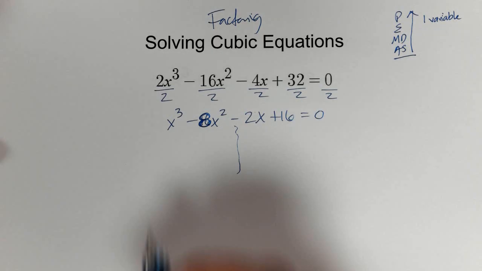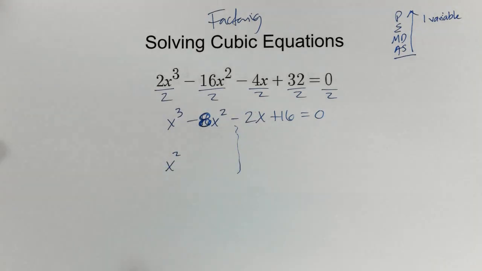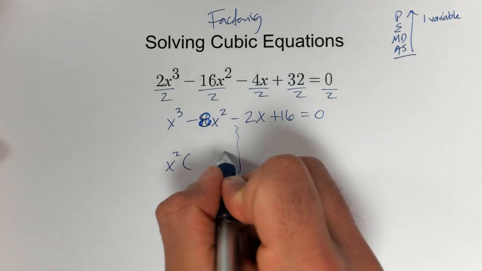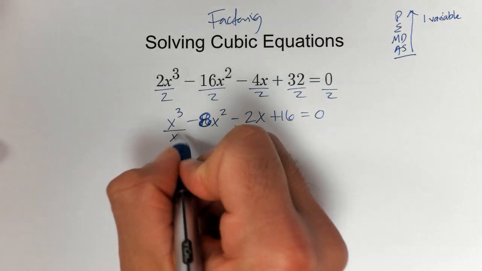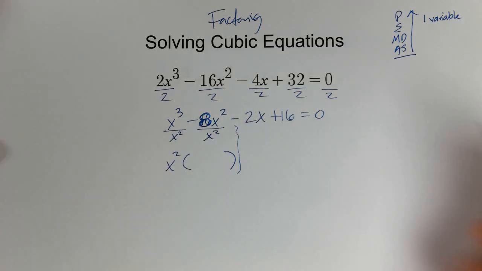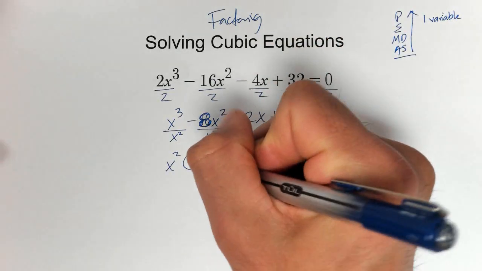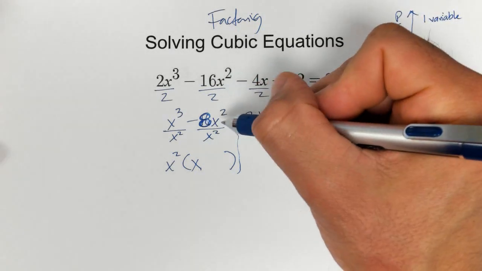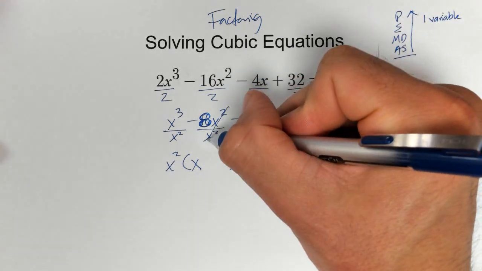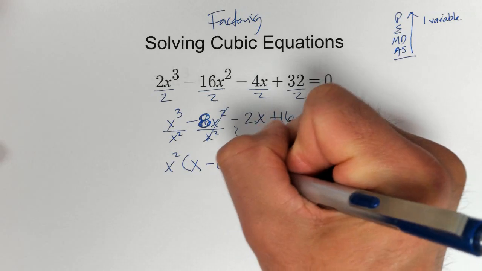And actually, they both have an x squared in common. That is the greatest common factor. That is the highest term that they both share together. And what I want to do is I want to divide both by x squared. When I do that, x cubed divided by x squared leaves me with just x. And negative 8x squared divided by x squared leaves me with negative 8.